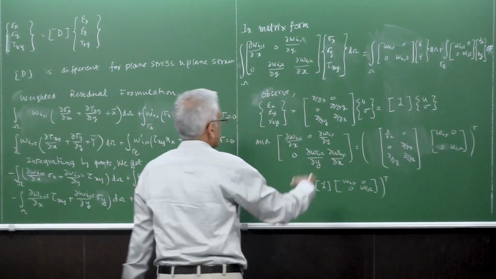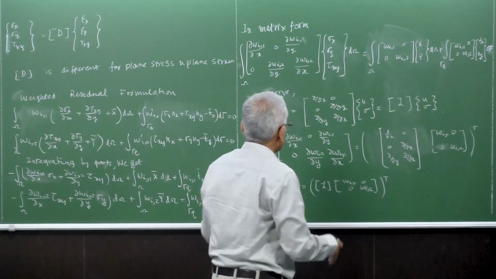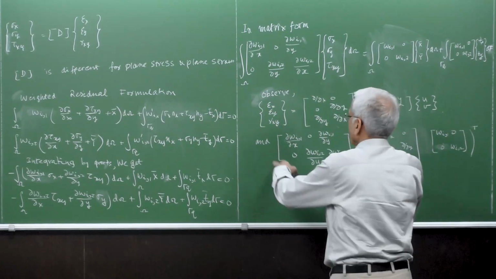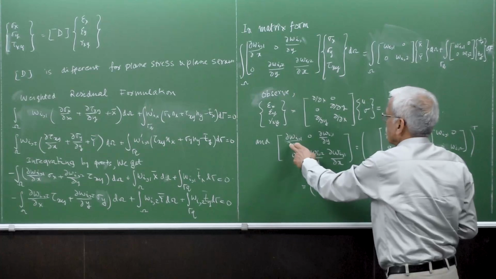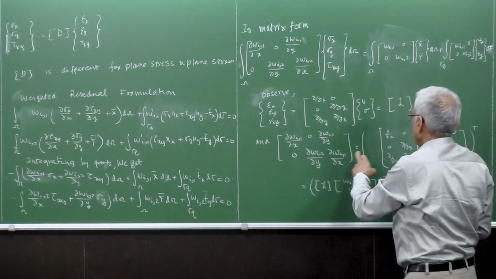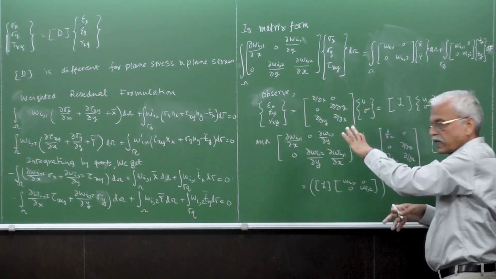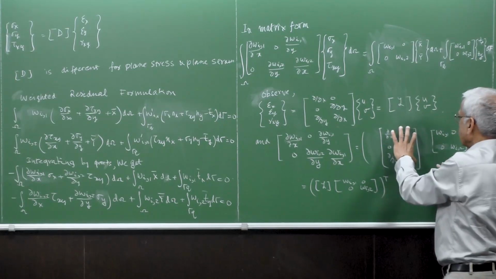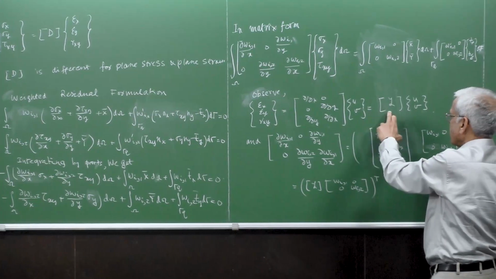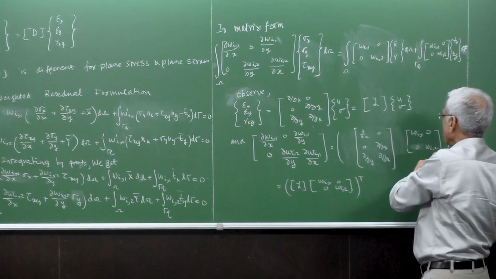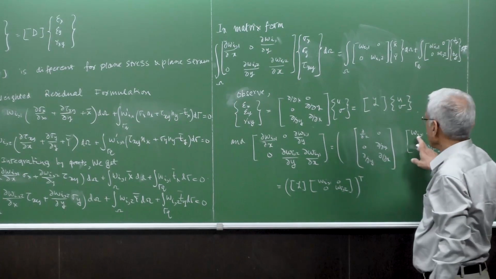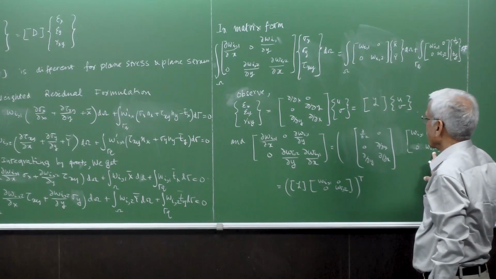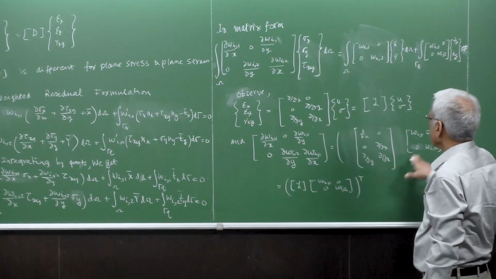A similar manipulation applies to this one, with the first row and the second row. If you work it out, you can see it is exactly the same L operating on the weighting functions wi comma 1 and 0, 0 and wi comma 2, and then we take a transpose.